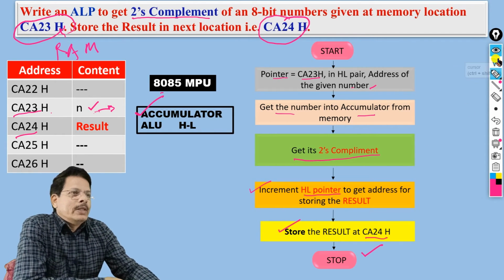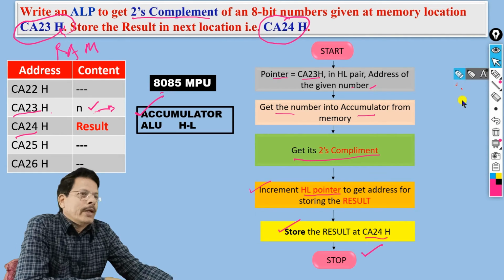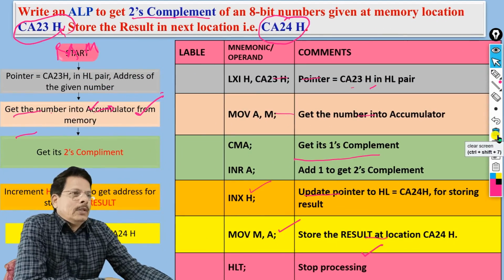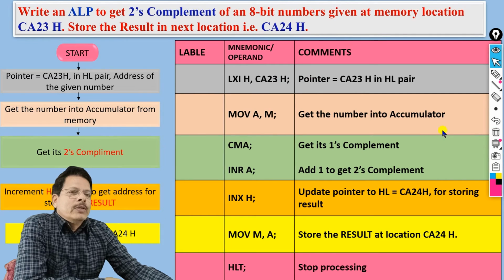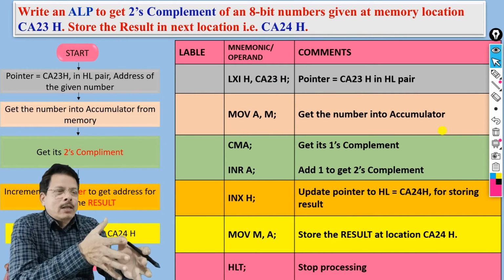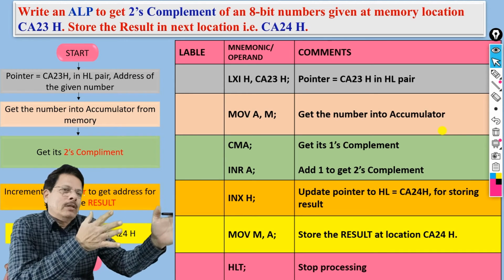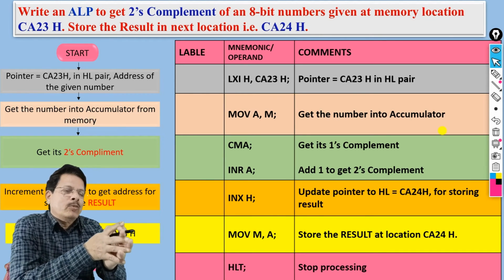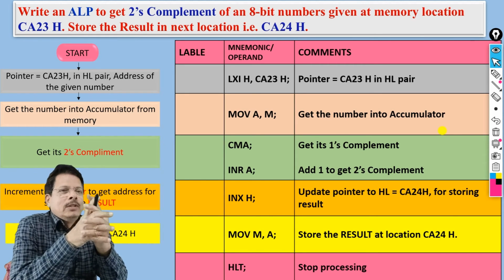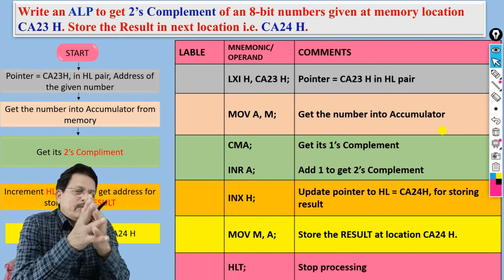So let us consider the actual program, how it should be. Now we have here the flowchart and its corresponding assembly language program adjacent. The statement is again written just for pointer reference.